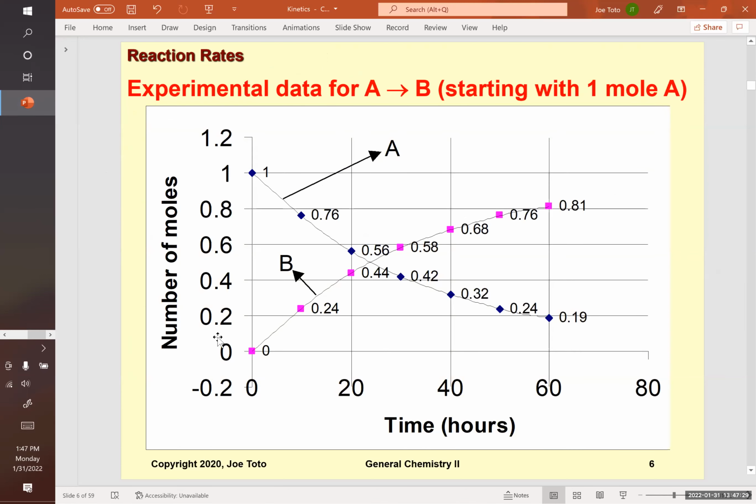And here's an example of a reaction from A going to B. This time we're taking a look at the number of moles and how they change in time.